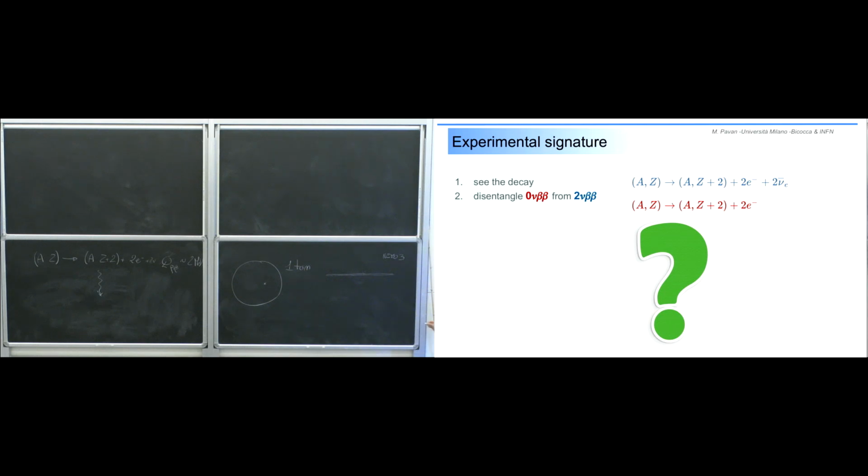But you understand that I have to fill my gas detector with a lot of foils, and each foil has to be very thin.